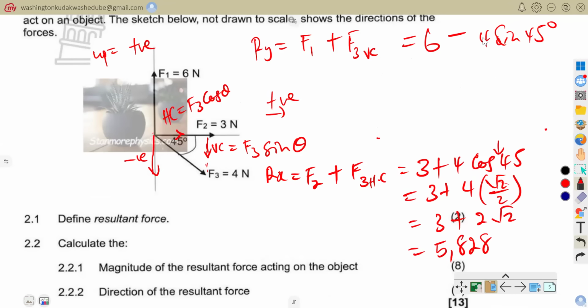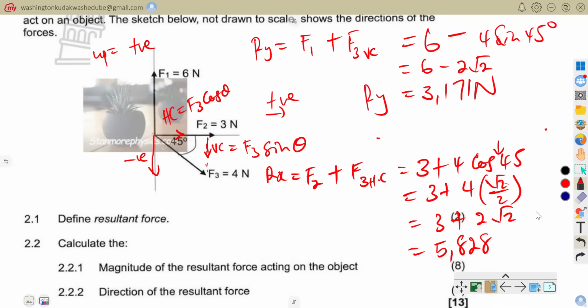So it becomes 6 minus 2 root 2, which gives us 3.171 newtons. So those were the two resultants, the resultant in the y direction and the resultant in the x direction.